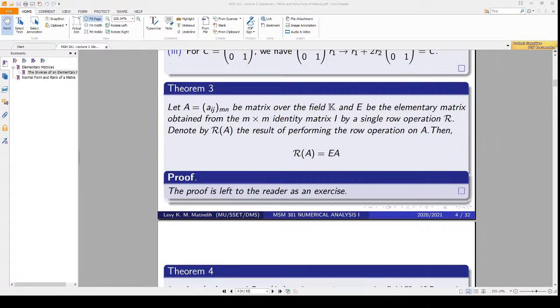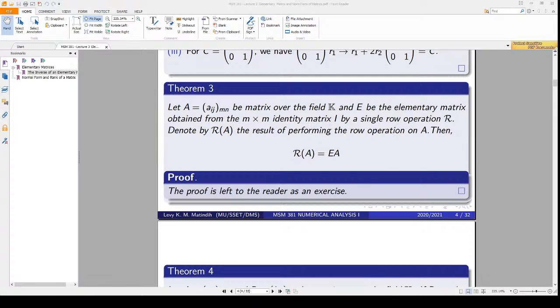Now, the same single row operation that you applied on this identity matrix so that you can obtain E, you also applied on matrix A. Then the result that you find by applying that single row operation on matrix A is another matrix. That matrix is the same as the elementary matrix obtained by applying a single row operation on the identity matrix, multiplied by the matrix A itself.